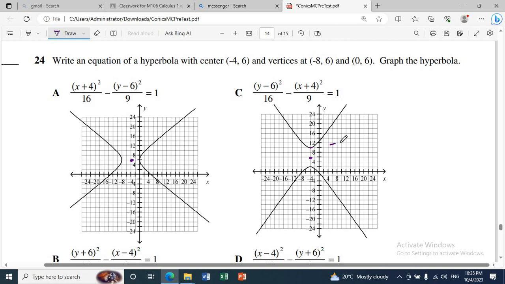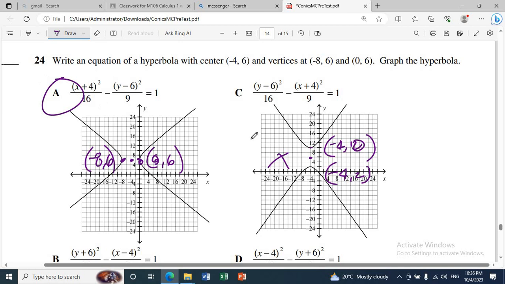But this one has vertices at negative 4 and 12? 8, 9, 10 actually. Then down here, negative 4 and 2. So this is wrong, they are not the same there. This one, negative 8, 6, then this one is 0, 6.